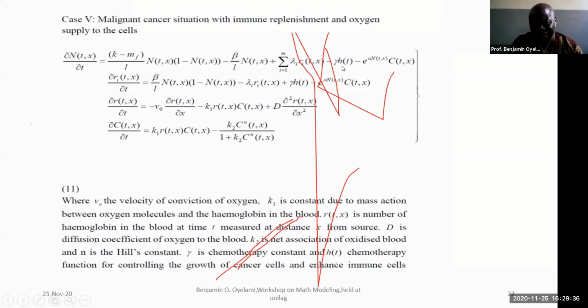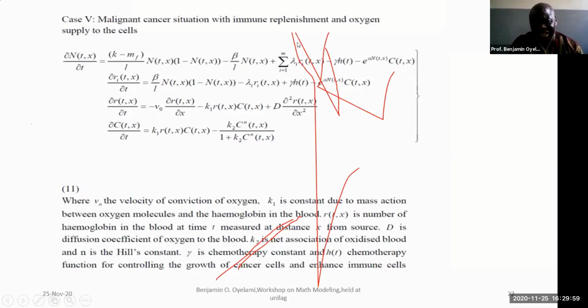The other factor again is the use of drugs or vaccine, the use of supplements, which you have to introduce to be able to reduce the effect of the malignancy, which is this factor here that goes into the model. Then there are other factors here. This is the immune cells.